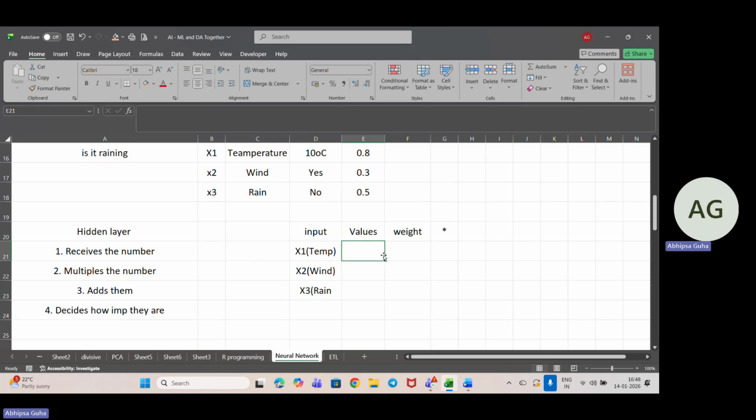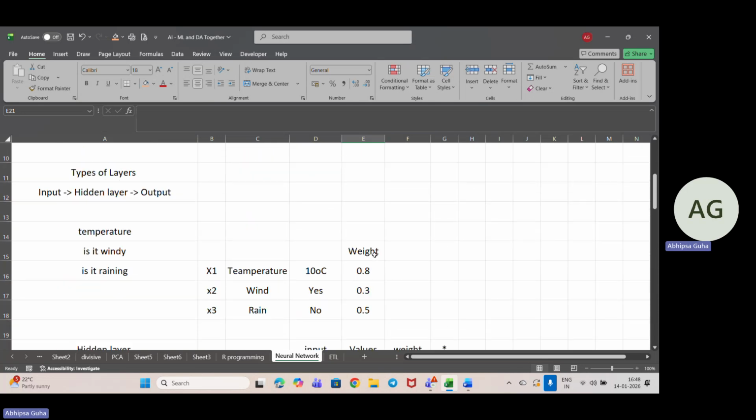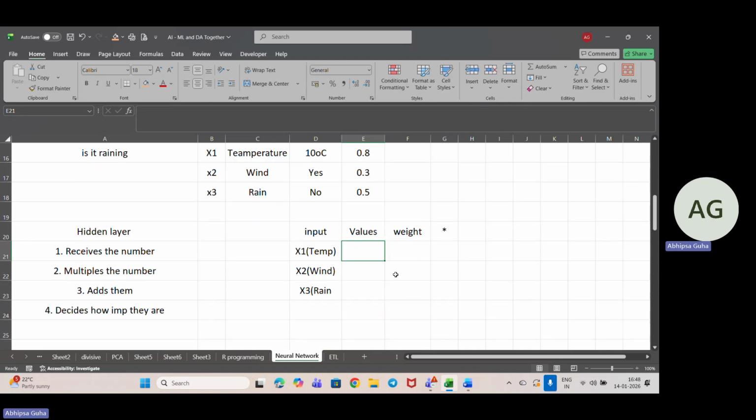First we have 10 degrees centigrade for temperature. Wind, we are saying yes, so it will be converted to 1, because my system understands binary numbers better. So we will be converting it to 1 or 0. Rain is no, so we are converting it to 0. Now the weights are 0.8, 0.3 and 0.5.